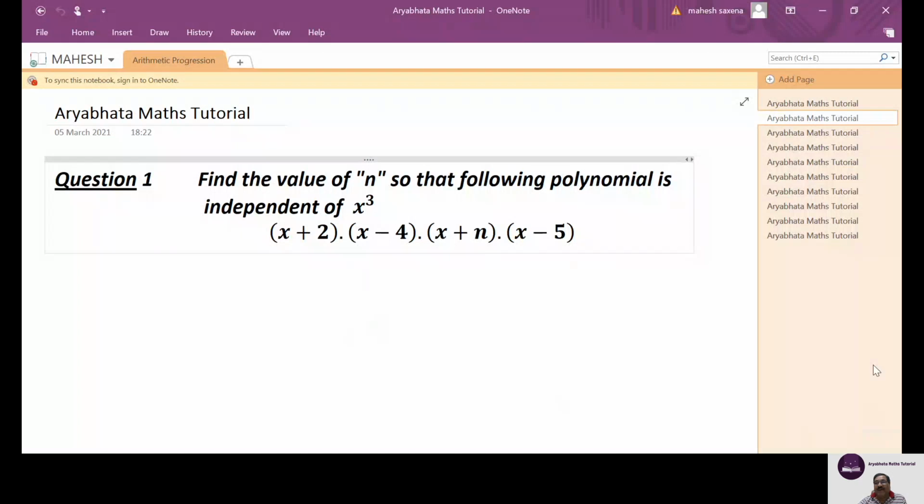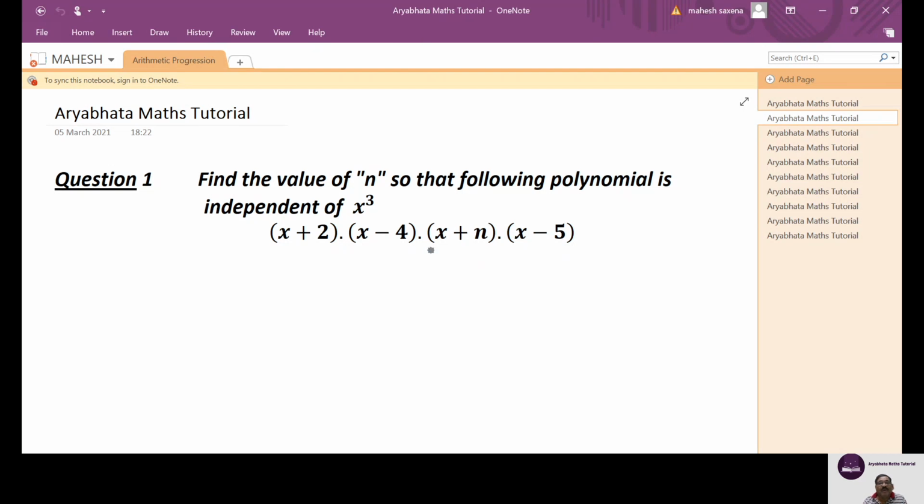The first question was, find the value of n so that the following polynomial is independent of x cubed. Here, there are four linear polynomials.